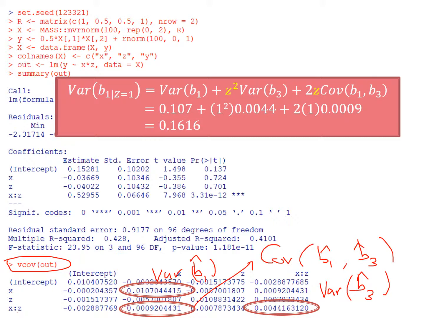So I can calculate that, and we know that c is equal to 1. So we get the variance of B1 given C equal to 1 equal to 0.1616. And we can make the statistical test for whether B1 given C equal to 1 was significant or not.